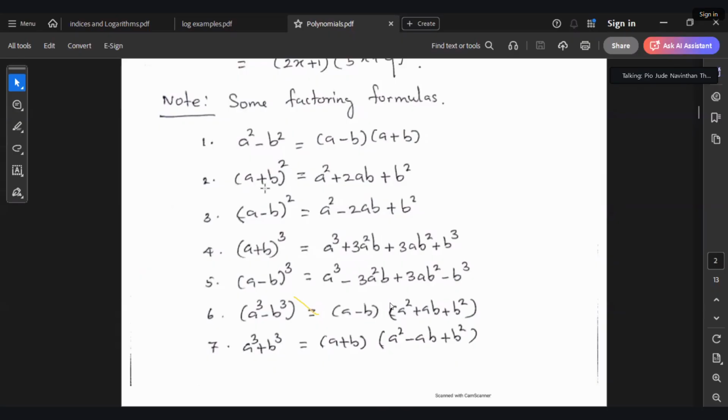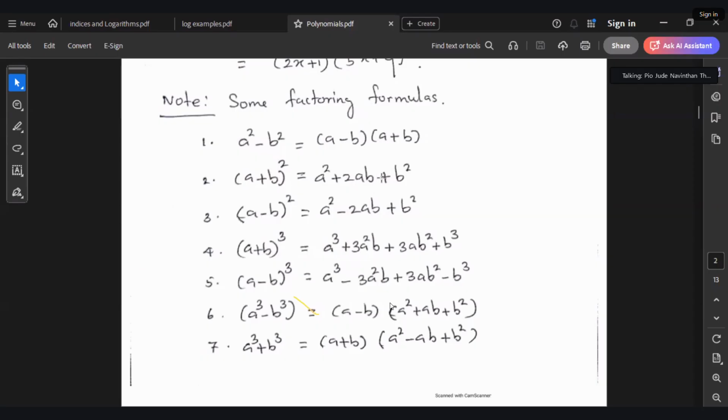If you have plus, all the values are plus. If you have minus, you need to write the first element, then minus, plus, minus, plus alternately. And the other thing is, if we have a square here, the last element is b square, and the middle element is a into b.